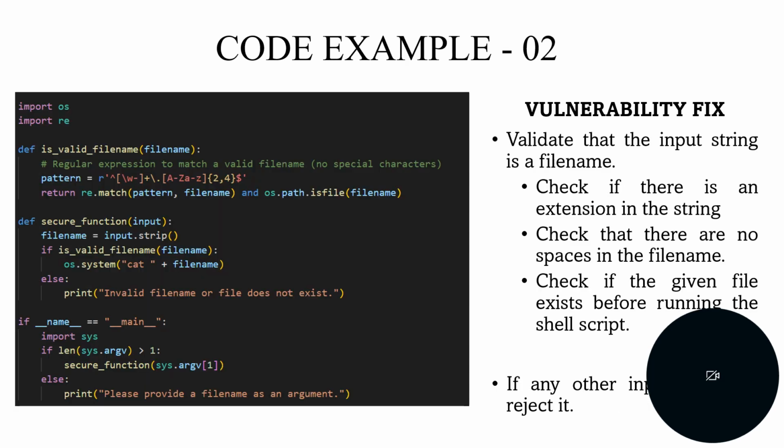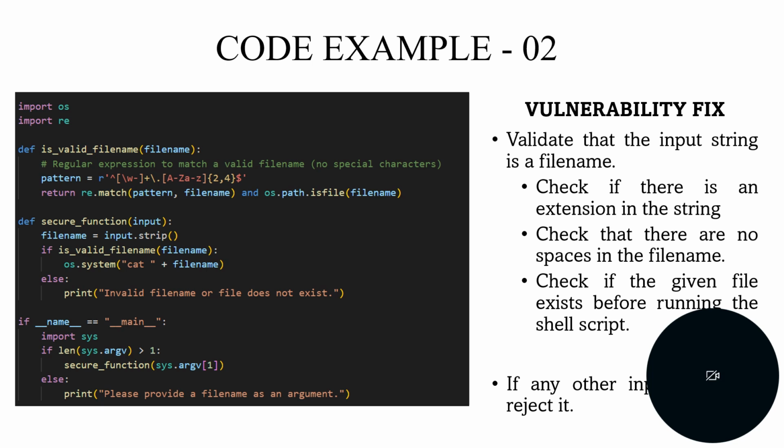To fix this vulnerability, we can add another method which validates the input that is taken in through the command line. Basic checks can be added if the input string contains a specific file extension of length 2 to 4. Another can be a check for the absence of spaces or any other special characters that cannot be present in a file name.